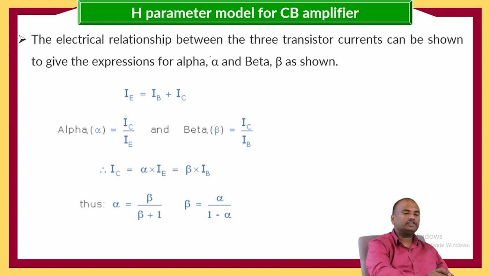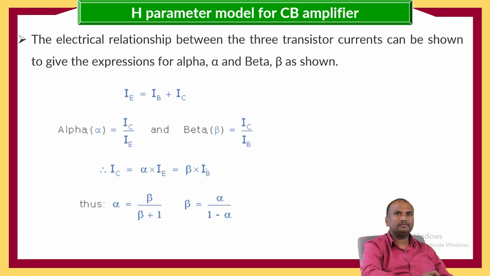The electrical relationship between the three transistor currents can be shown to give the expressions for alpha and beta. Here IE is equal to IB plus IC, where alpha is equal to IC by IE and beta is equal to IC by IB, where IC is equal to alpha into IE, which is equal to beta into IB.